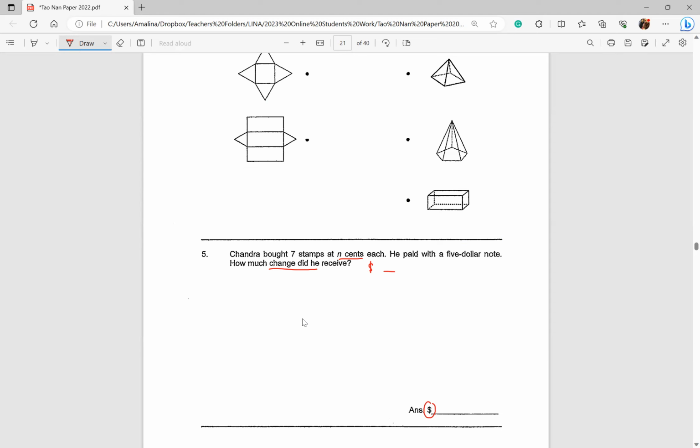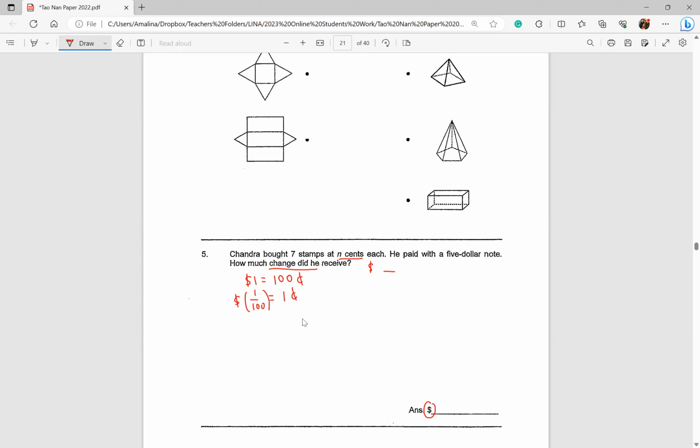So if you recall your money, your $1 is equivalent to your 100 cents. Which means that if I want to find for 1 cent, I will have to divide this by 100. It will be your 1 over your 100. Correct? You must divide by 100.